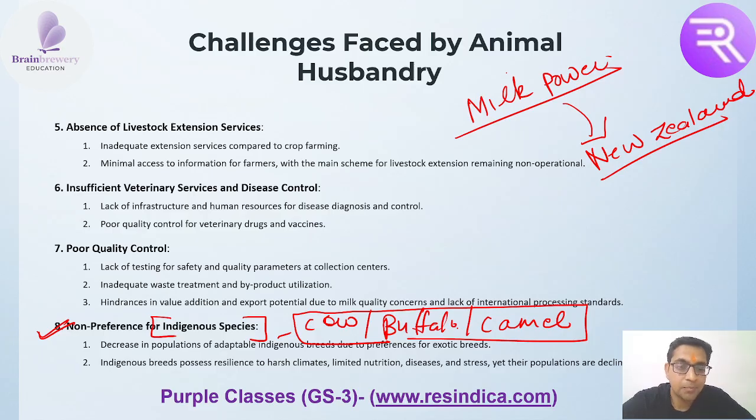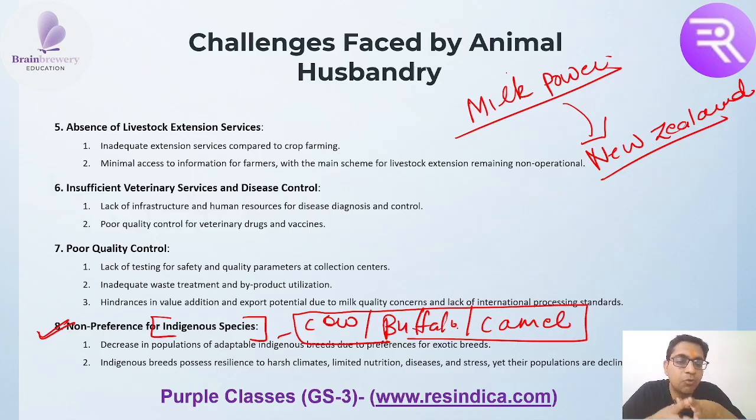The decrease in the population of adaptable indigenous breeds happens because if crossbreeding happens, slowly the outer breeds start taking control over our local breeds, so automatically our whole agriculture system may collapse.